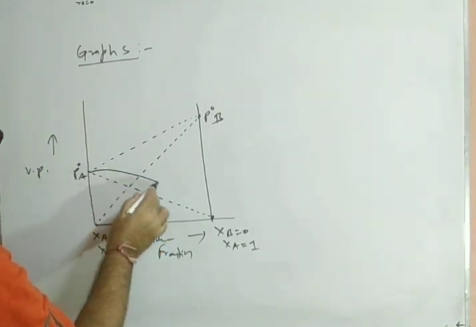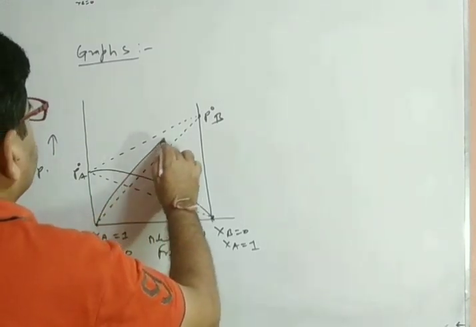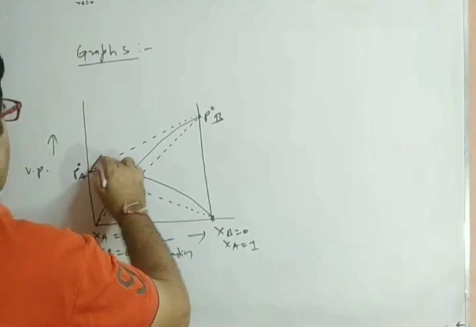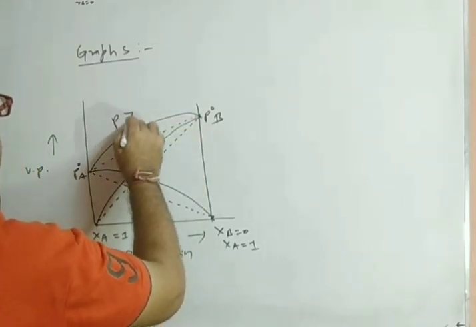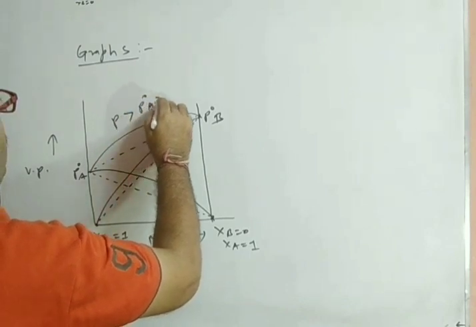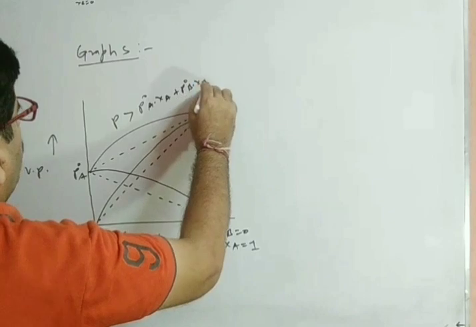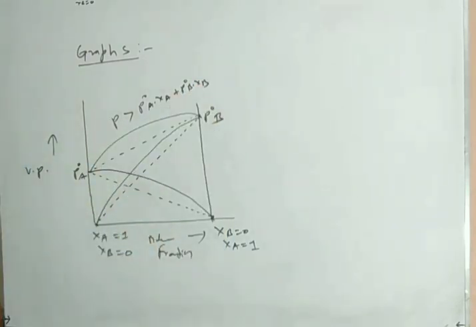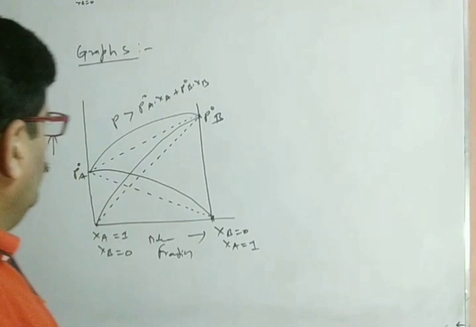Suppose this pattern of curve is obtained. This is said to be P greater than P naught A into XA plus P naught B into XB. Such a curve indicates our solution is non-ideal, showing positive deviation.